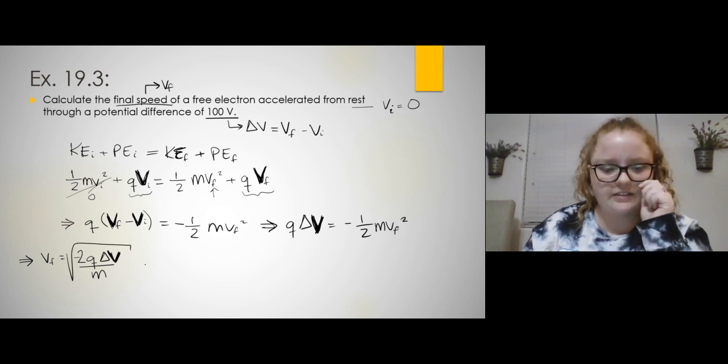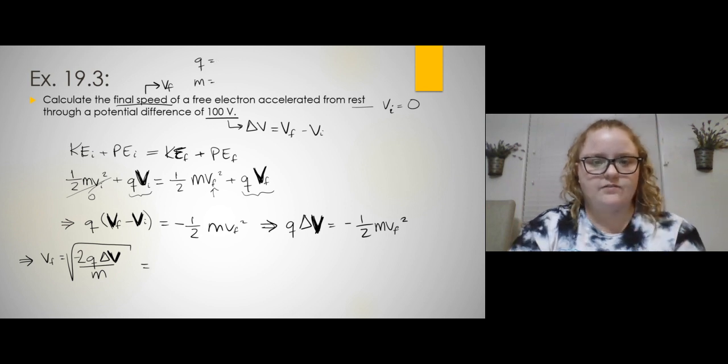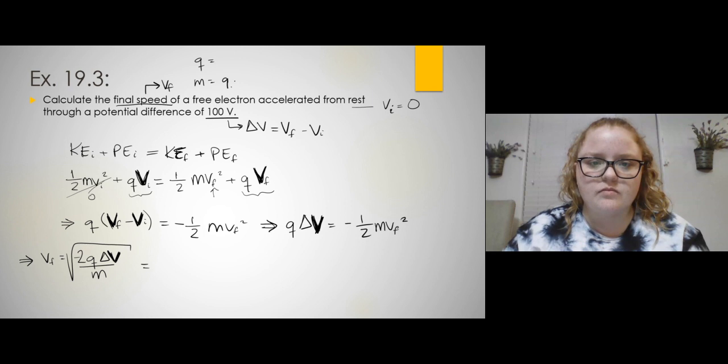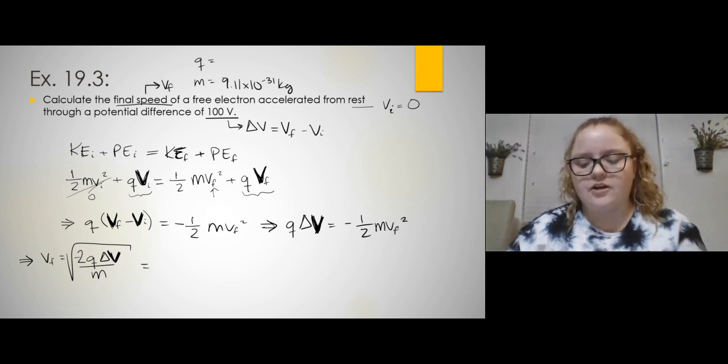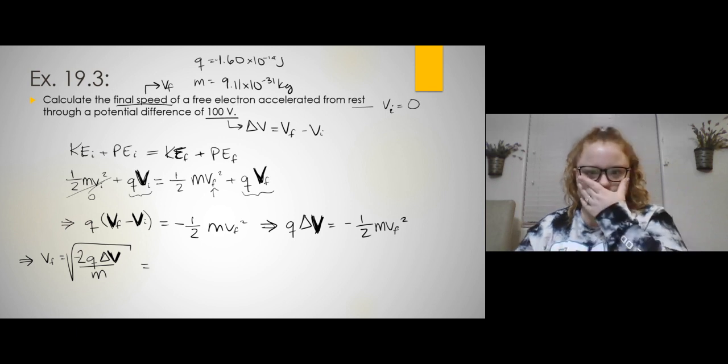So let me go ahead and get that. Our mass is 9.11 times 10 to the negative 31 kilograms, and our Q is negative 1.6 times 10 to the negative 19th.